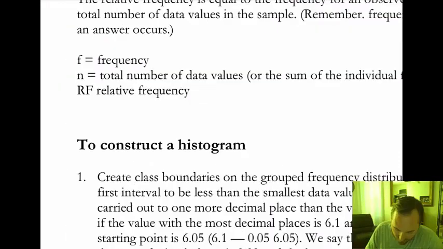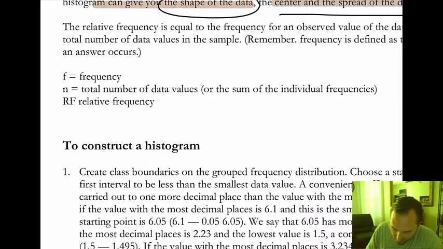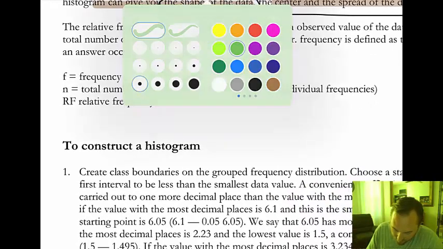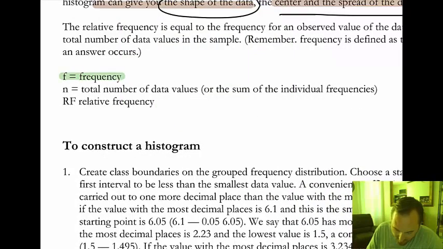Down here we have some acronyms to follow as I'm going to start using them. F stands for frequency. There will be a lot of shorthand notation as we get into the next sections, 2.4, 2.5, where we'll start talking more about symbols and notation, because it's a lot easier to use a symbol than to write out the whole definition. For example, F for frequency, or RF for relative frequency.